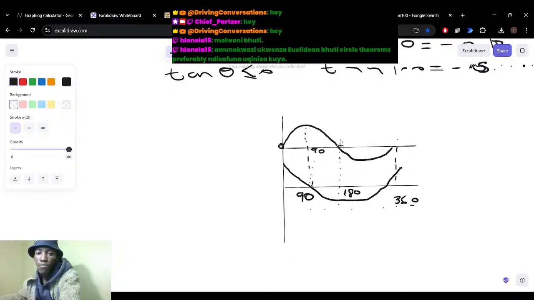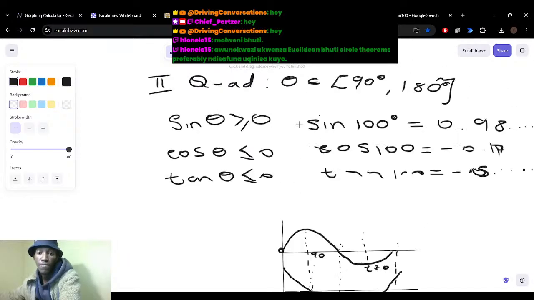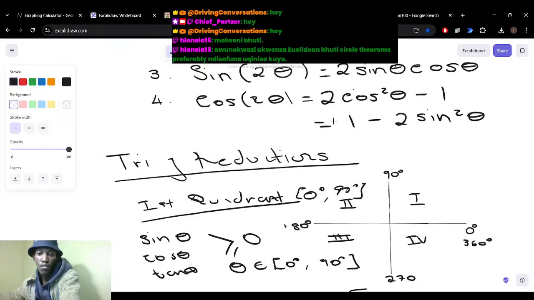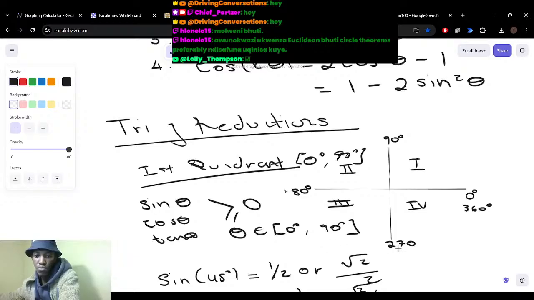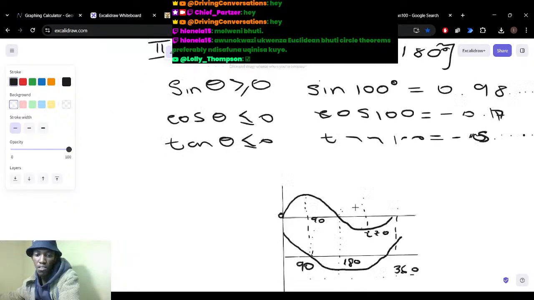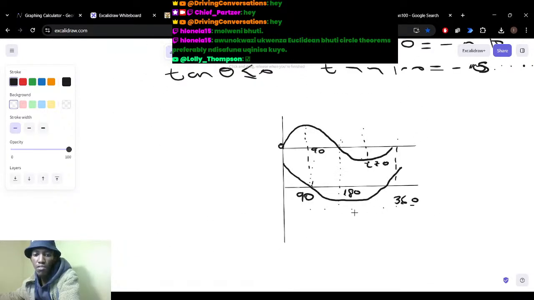So moving on to the third quadrant, it's basically somewhere here, so 270. So let's check. The third quadrant is 180 to 270.